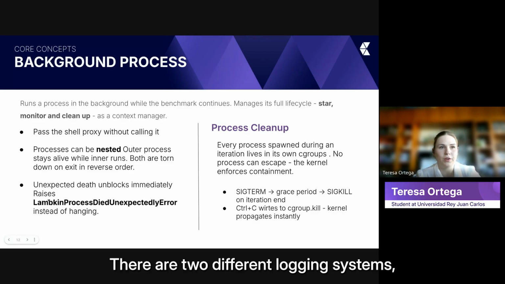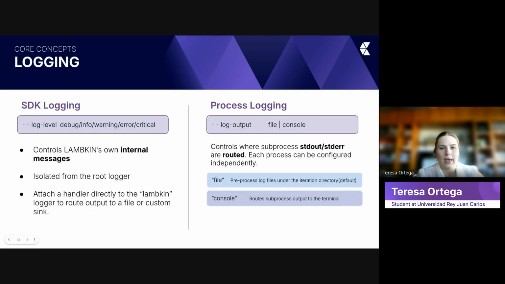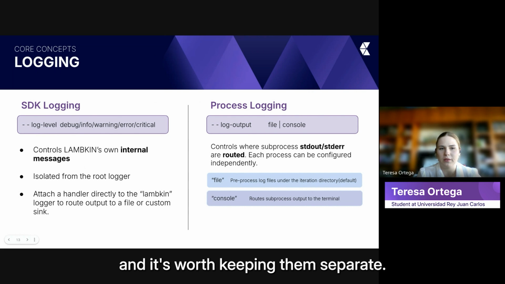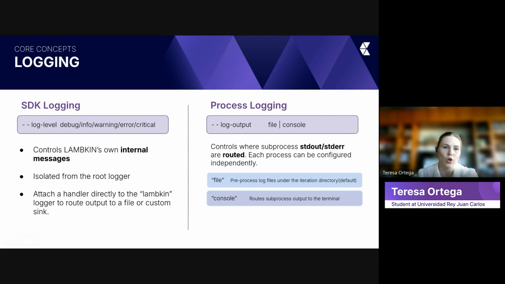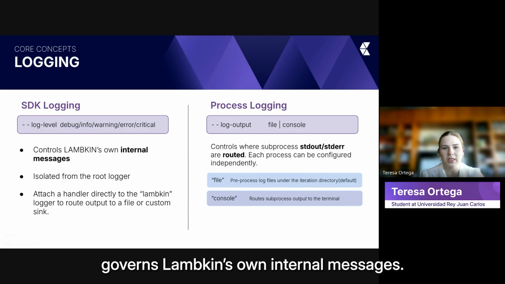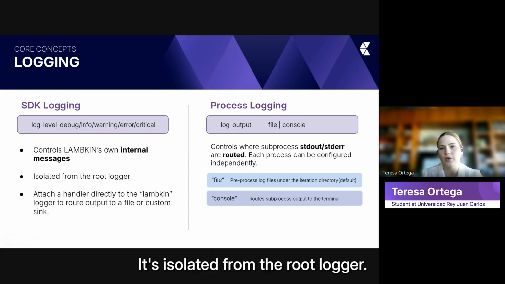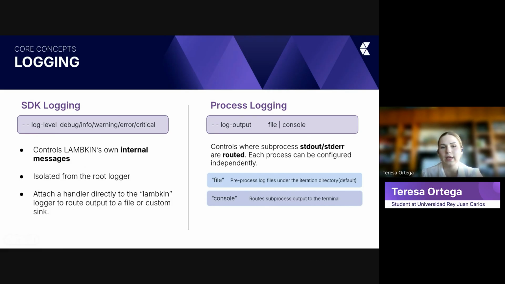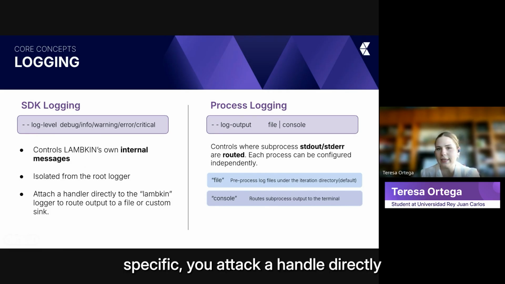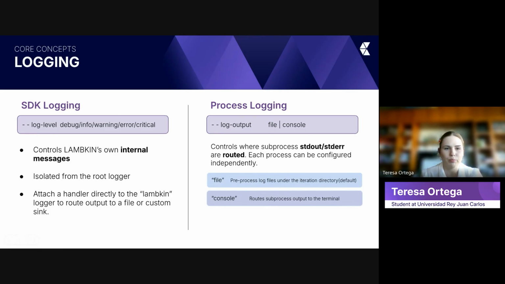There are 2 different logging systems, and it's worth keeping them separate. The SDK logging, controlled with log level, governs Lambkin's own internal messages. It's insulated from the root logger, so if you want to route it somewhere specific, you attach a handler directly to the Lambkin logger.